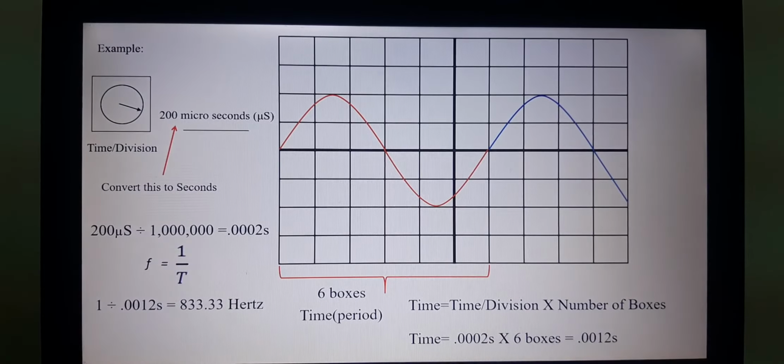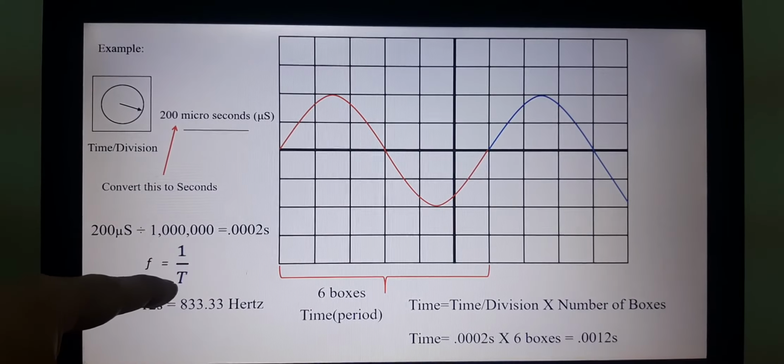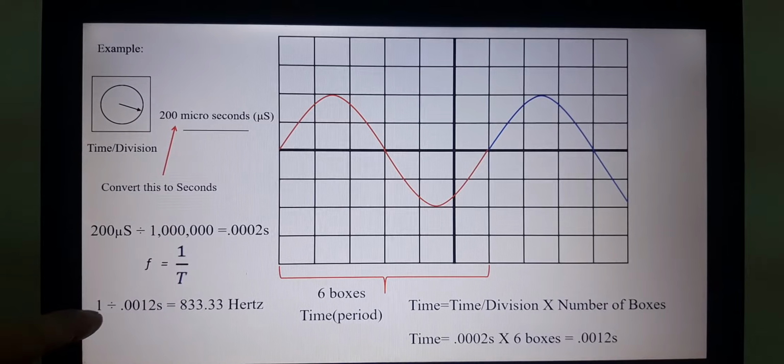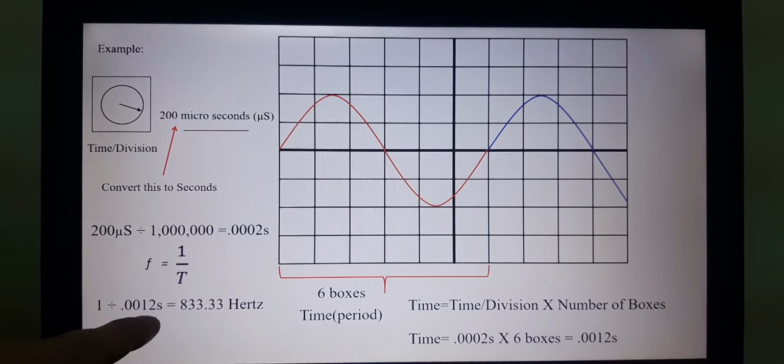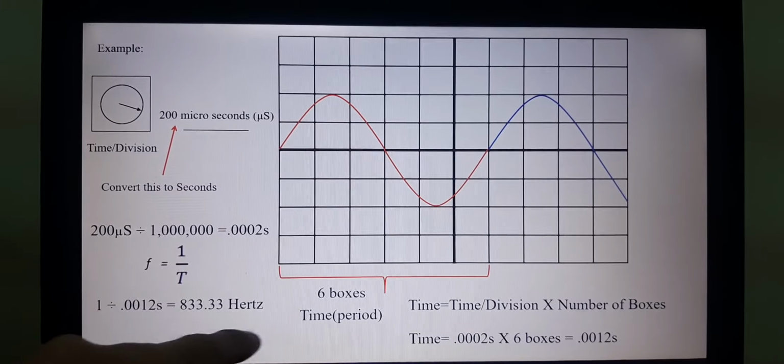So our time is 0.0012 seconds. Now to compute for the frequency, again, F is equal to 1 over T, or time. So 1 divided by 0.0012 second is equal to 833.33 hertz. So this is our frequency.